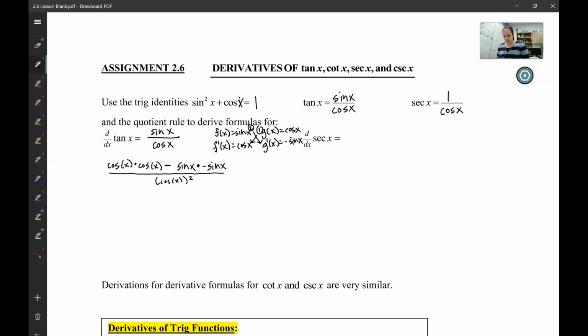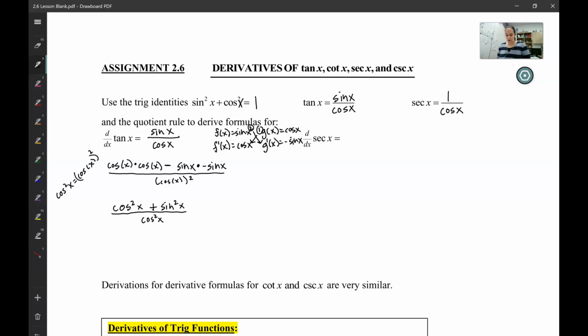So let's start to simplify this. This is going to be cosine squared of x, which, just a reminder, cosine squared of x is the same thing as cosine of x squared. This just writes it a little easier. Two negatives make a positive, so plus sine squared of x all over cosine squared of x.